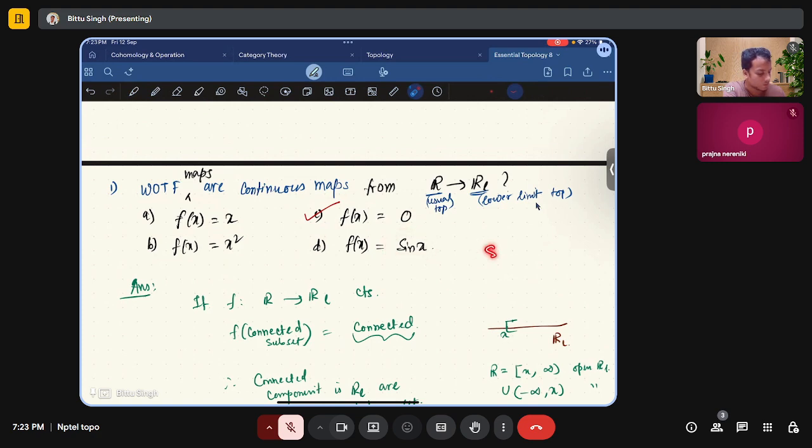Similarly, the image of x square is 0 to infinity. The image of the identity function is whole R. So the only possible option where the image is a singleton set is this, and a constant map is always continuous. Whatever topology you choose, this must be continuous. Okay, is it?